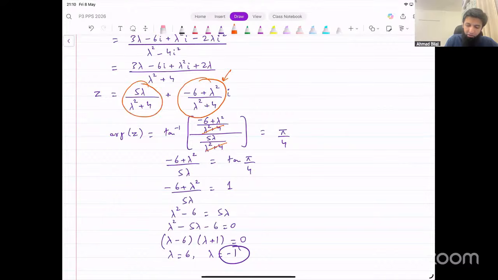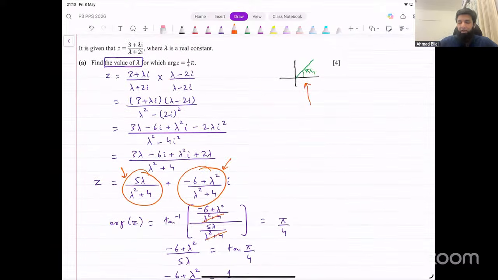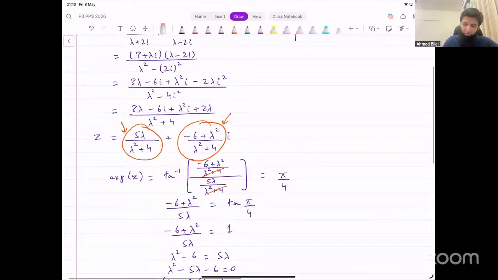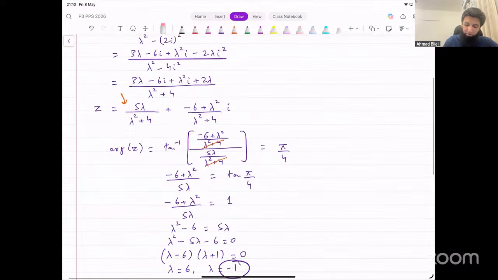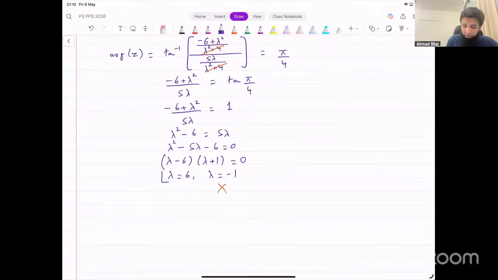The real part also becomes negative with negative 1, right? Both parts become negative. That means it can no longer be in the first quadrant, it will go in the third quadrant. So for that reason, we would have to ignore lambda equal to negative 1. We'll say this is not possible, and the only possible value of lambda, therefore, is lambda equal to 6.